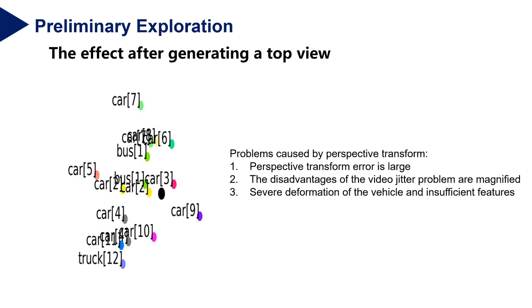First of all, we do the perspective view to top view, and then top view back to the perspective view. So each transformation generates error, and the accumulated error will also be large. Number two, sometimes we have video jitter problems, and it is magnified and affects our results.